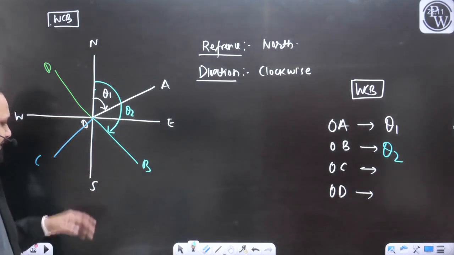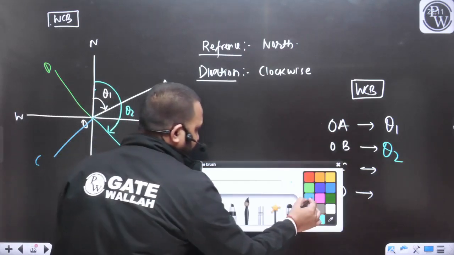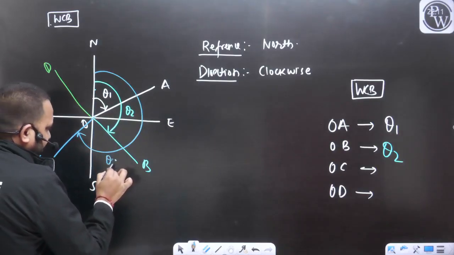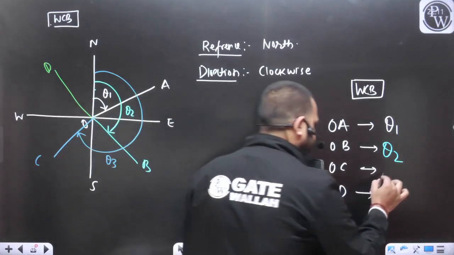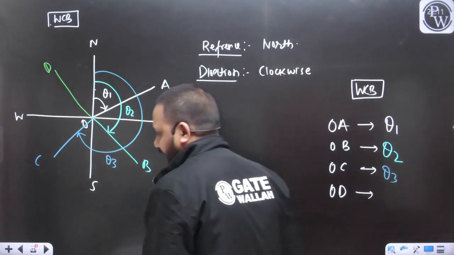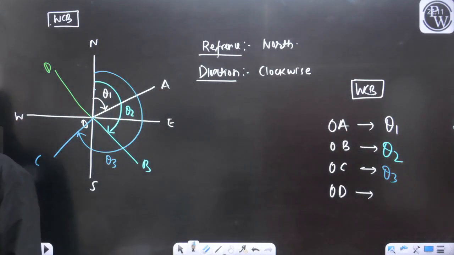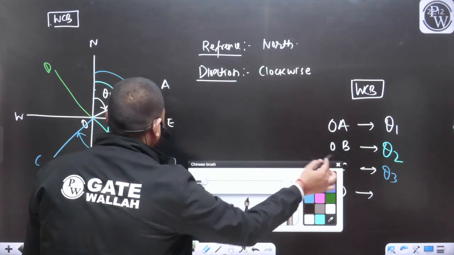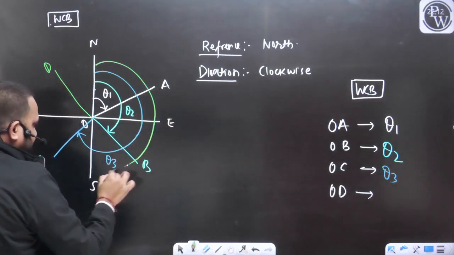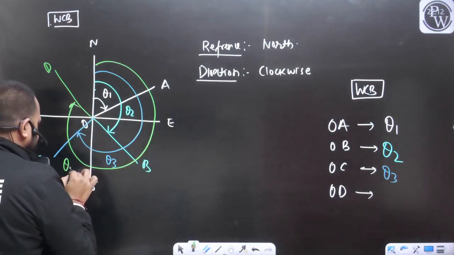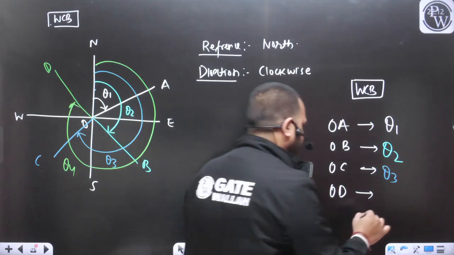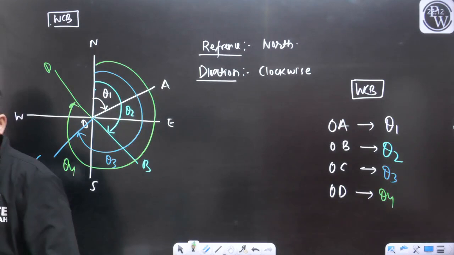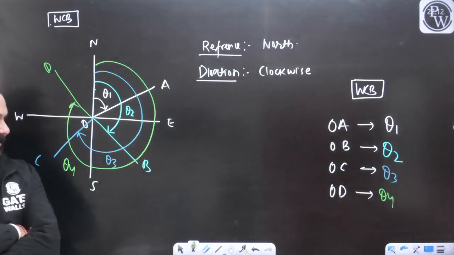Similarly, for the line OC, we measure the angle from the north in the clockwise direction, and this angle is theta 3. Similarly, for the line OD, we measure the angle from the north in the clockwise direction, and this angle is theta 4. So we can represent the bearing of the line OD as theta 4.